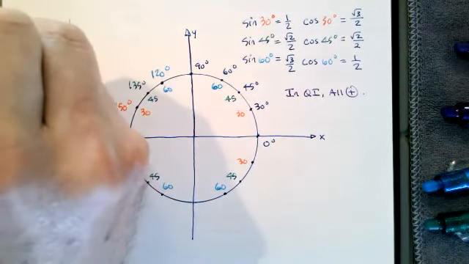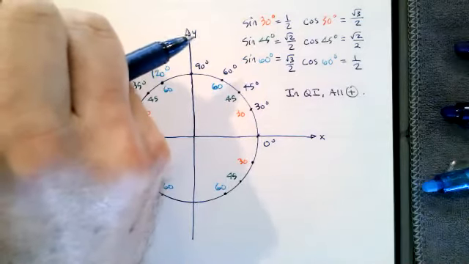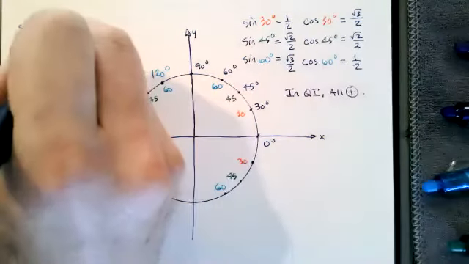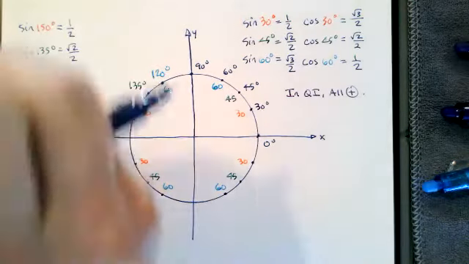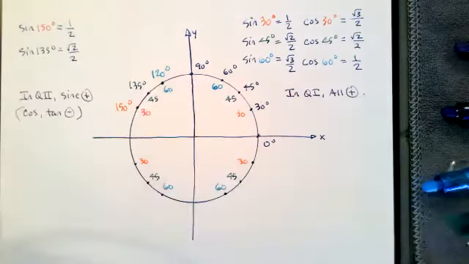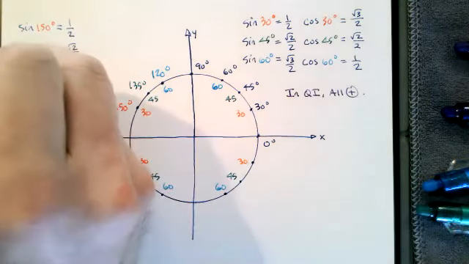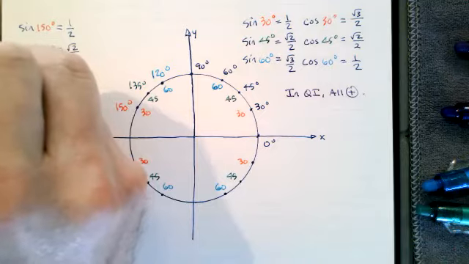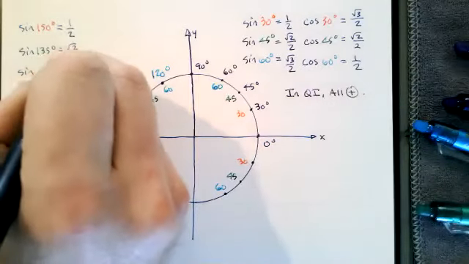The sine of 135, we get the value from the reference angle and the sign from the quadrant. The value from the reference angle and the sign from the quadrant, sign positive or negative. And then sine of 120 will be √3/2.